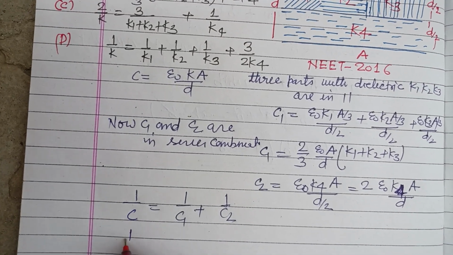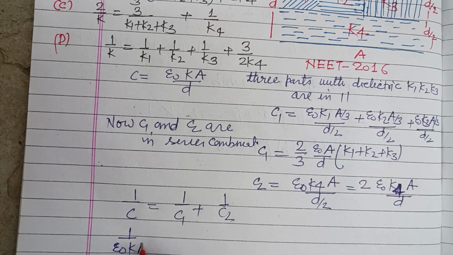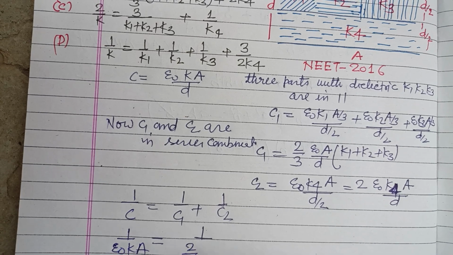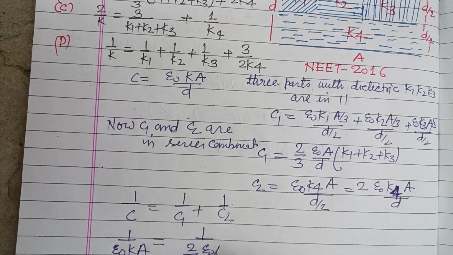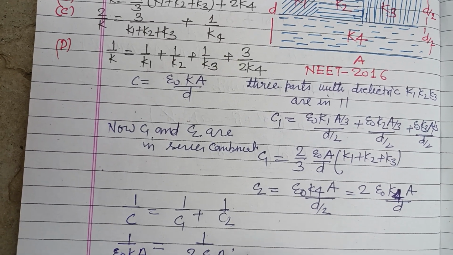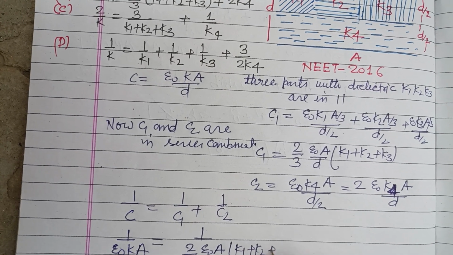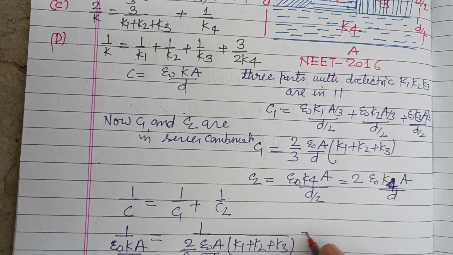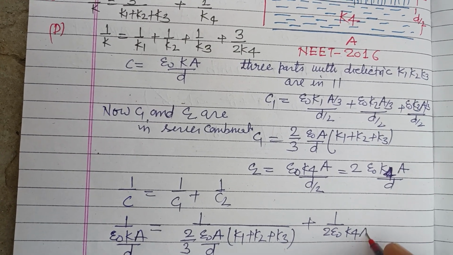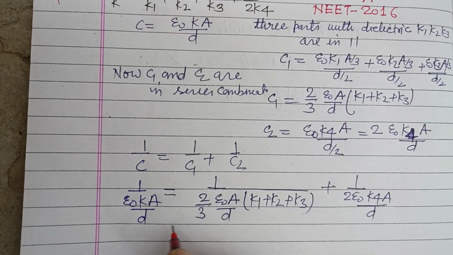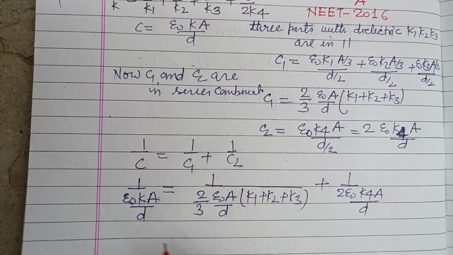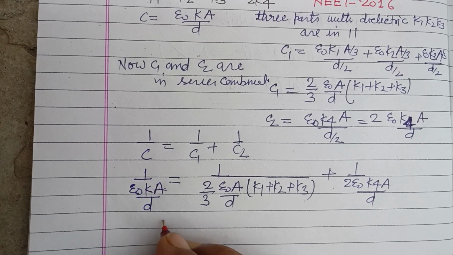So putting these values, 1 upon epsilon naught K A upon D equals 1 upon C1, which is 2 by 3 epsilon naught A upon D times K1 plus K2 plus K3, plus 1 upon 2 epsilon naught K4 A upon D. The factor epsilon naught A upon D is the same on both sides, so we remove it.